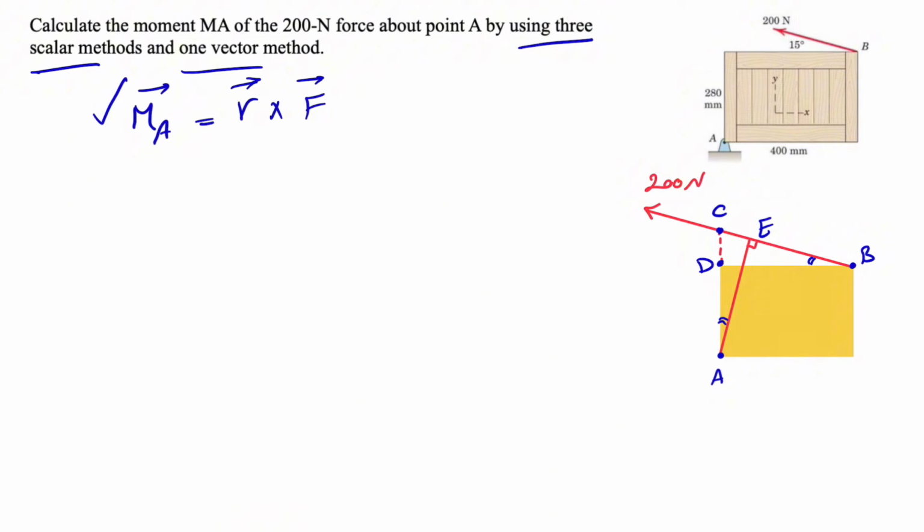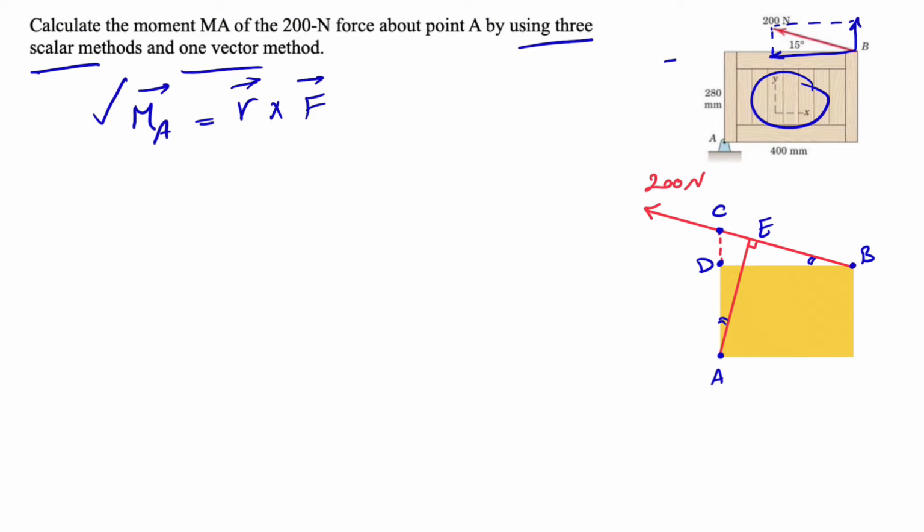Since we have a 2D question, we're going to use the 2D shortcut that we discussed in the channel over and over. We basically have the x and y in the question, so we're going to break down the force into x and y components. So this will be the x component, which is negative, and we have a positive y force.